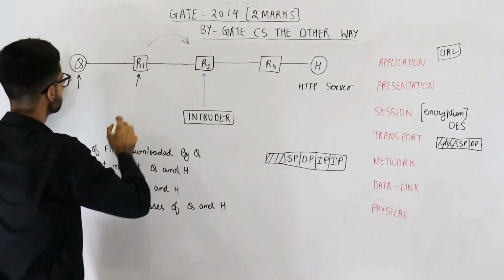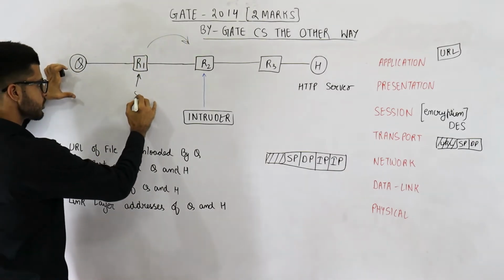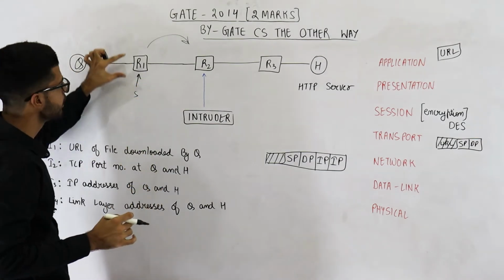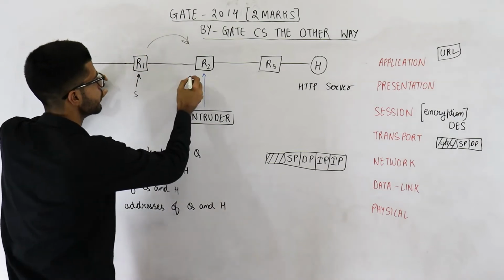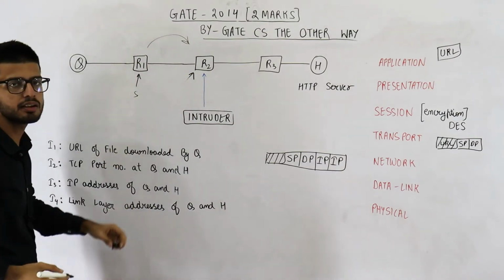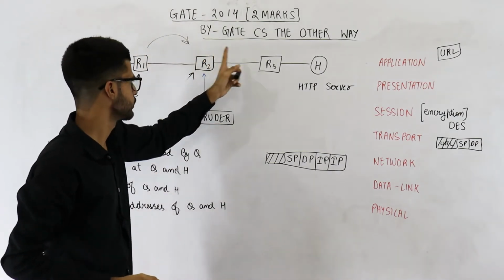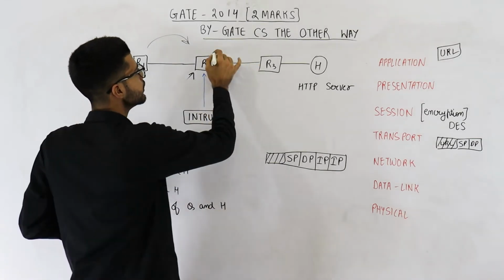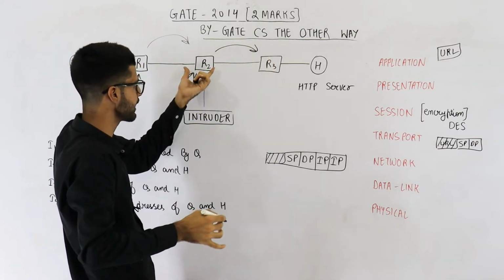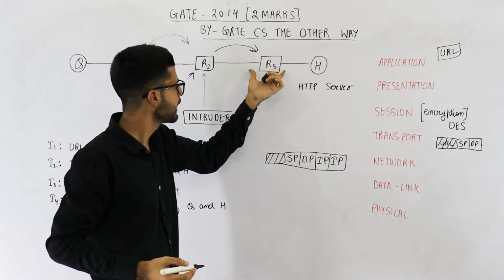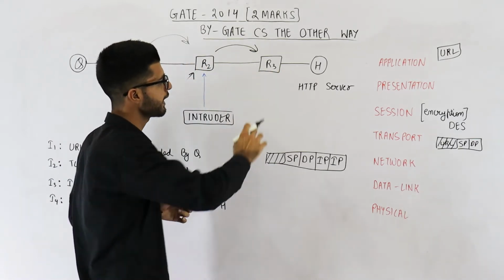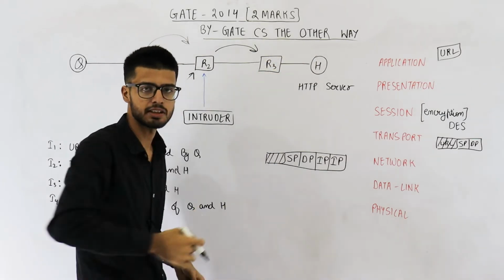The source MAC address will be of R1 and destination MAC address will be of R2. Parallelly, for the next hop, the source MAC address will be the physical address of R2 and destination will be of this one. Parallelly, the addresses will be changed here also.